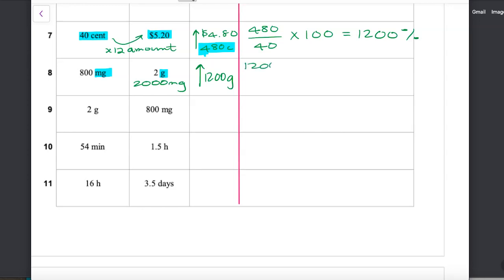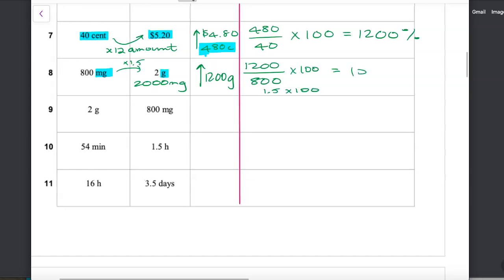So the change of 1,200 compared to my original 800 is 1,200 over 800, or 12 over 8. And we can see that this is the same as 1.5. So we've got an increase of 1.5 times the amount. And when we put this 1.5 as a percentage, we get 150%. So this shows that we've had a large increase.